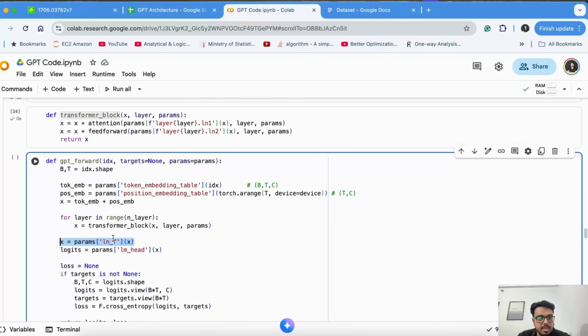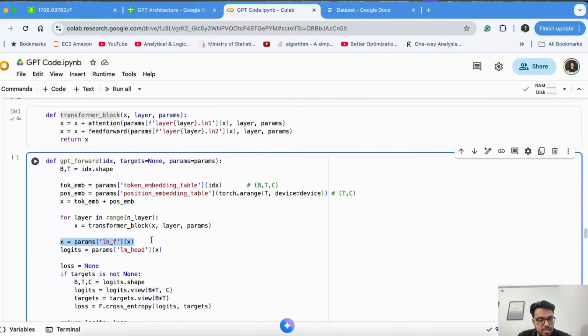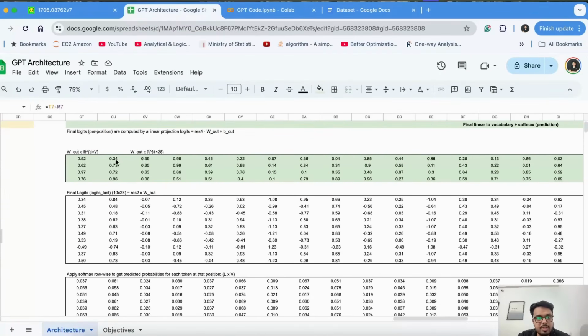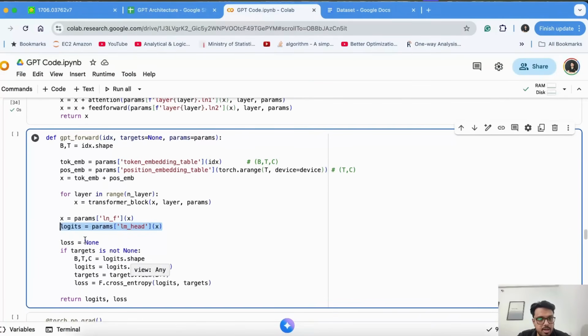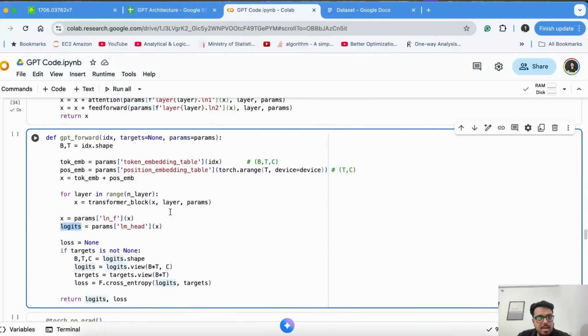I think this is something that we have not done in this architecture, but it's just another layer normalization, followed by the final multiplication with this 4x28 matrix. So this gives me my final set of logits. Then I start training my model.